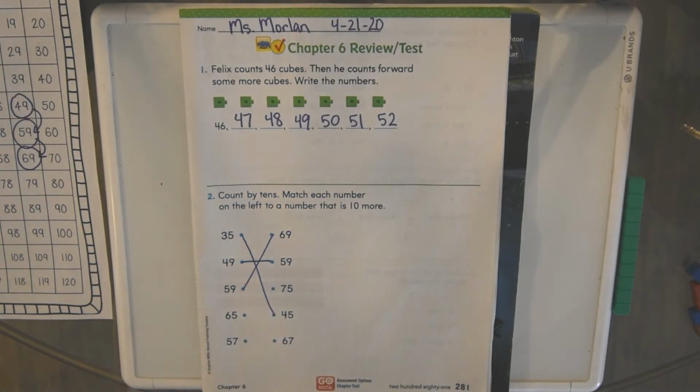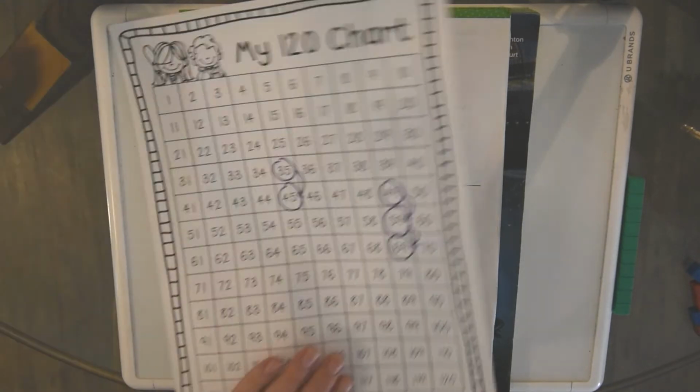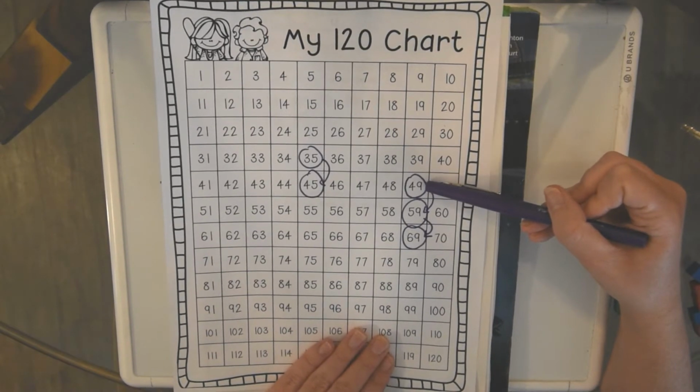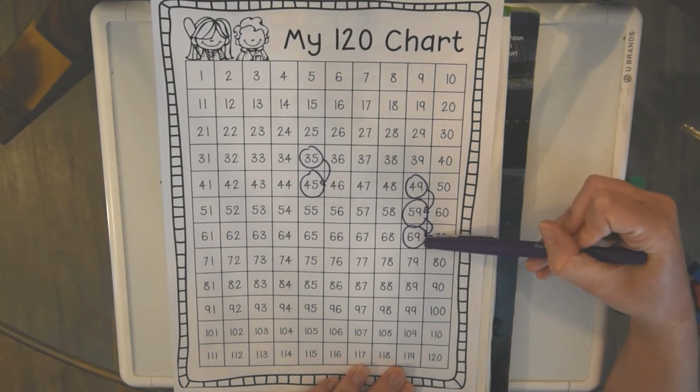I want to point something out, okay? Some of you might say, well, isn't 49 10 more than 69? No, it's not, right? Let's look at our 120 chart again. Yes, they're in the same tens column, but look how many times I have to move down to get to 69. 1, 2.